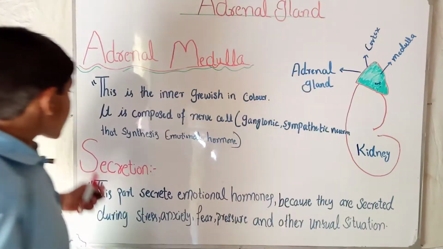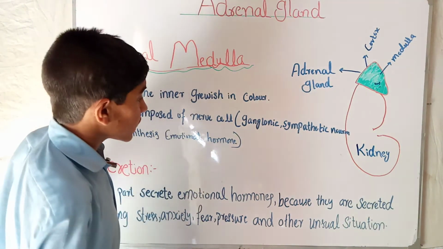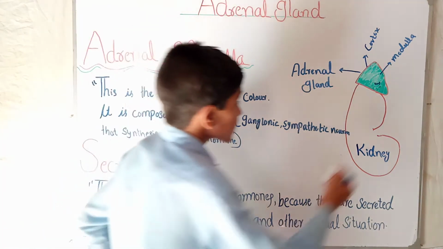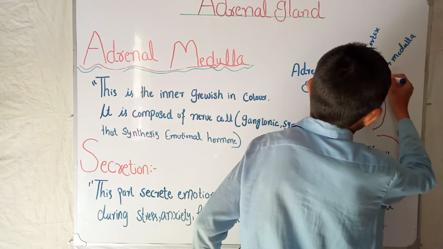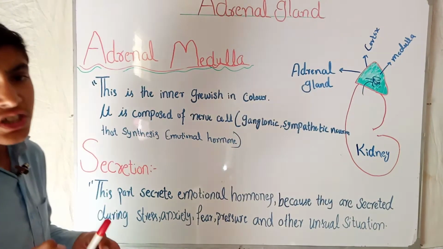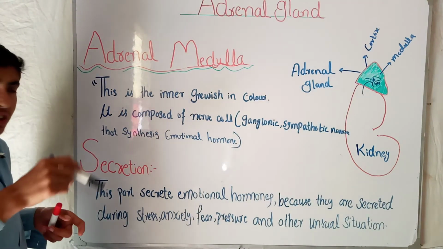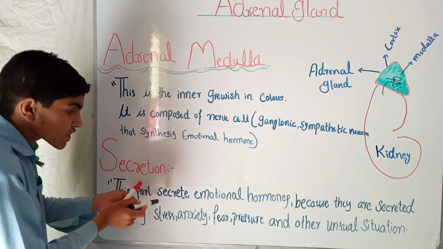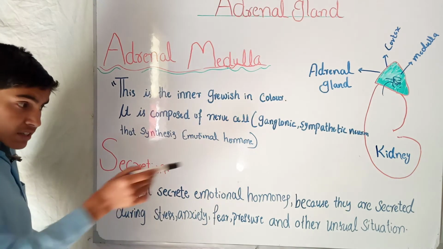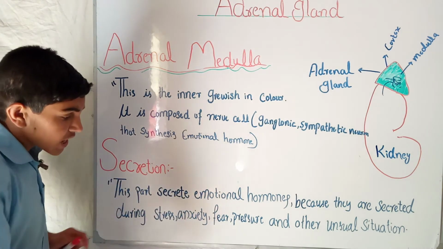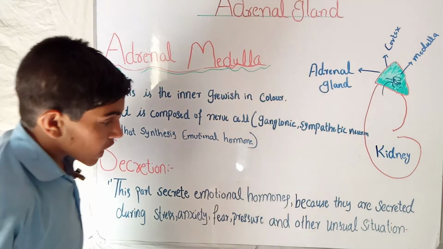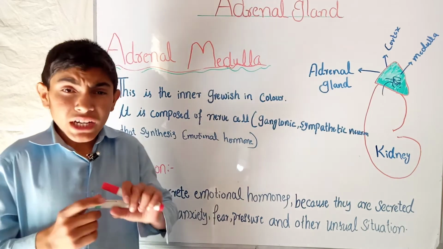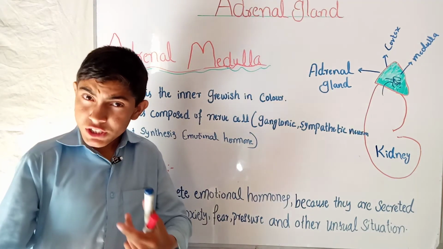It is composed of nerve cells which are ganglionic sympathetic neurons. These neurons synthesize its hormones. This part secretes emotional hormones because they are secreted during stress, anxiety, peer pressure, and other unusual situations. So the medulla part of the adrenal gland secretes emotional hormones.